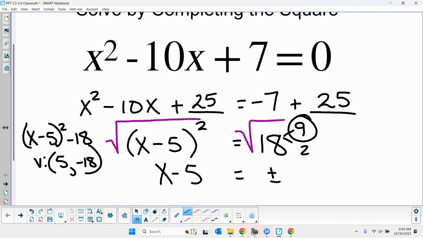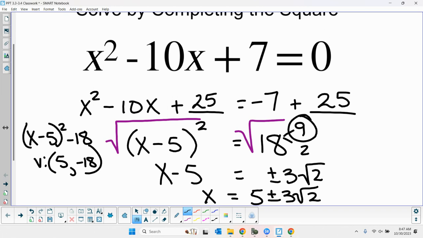The square root of 9 is what? 3, so I bring the 3 out front, and then the 2 stays underneath. And then to finish this up, you'd add 5 to the other side. So it becomes 5 plus or minus 3 times the square root of 2. Okay? So I kind of did both things that we worked on last Thursday and Friday in that problem.